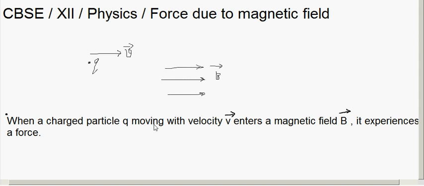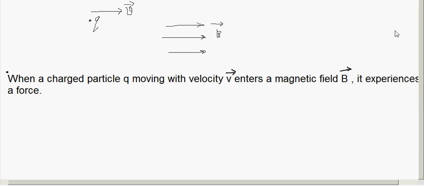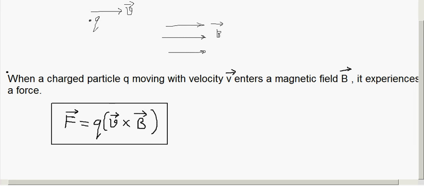When a charged particle q moving with velocity v enters a magnetic field B, it experiences a force, and this force F is given by q into v cross B. The magnitude of the force is given by F is qvB sin theta.